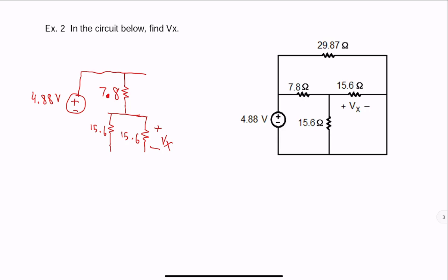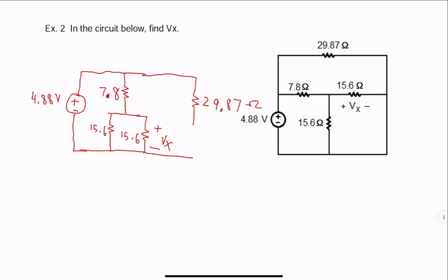And the bottom side of those is connected to the source. Top of the source is connected to a resistor of 29.87 ohms. And that's also connected to the negative of the source.